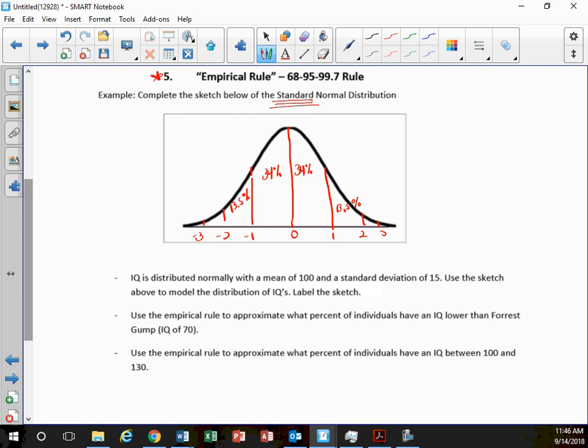All right, getting stranger percentages. What's the next one going to be? 2.35. Good. Okay, and then that very last section.